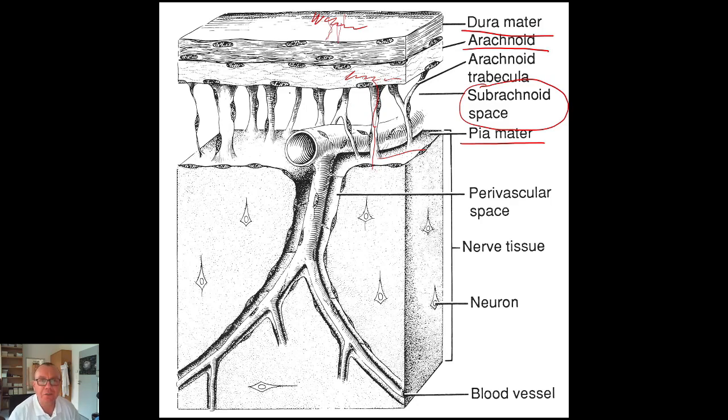The tissue of the arachnoid is supplied by nutrients, oxygen, and other substances from the cerebrospinal fluid, which is situated here in this space among the trabecules.